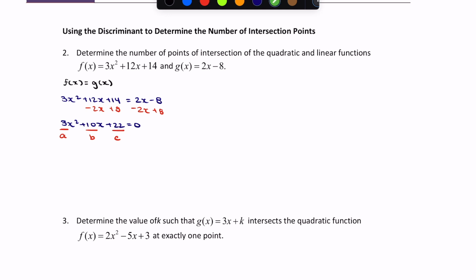Remember, our discriminant formula is b squared minus 4ac. Here we have 10 squared minus 4 times 3 times 22. So we get 100 minus, sorry, minus 264, which is equal to negative 164. And remember, if the discriminant is less than 0, then there is no points of intersection.